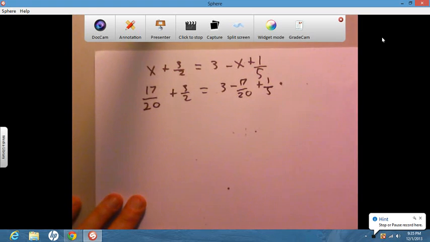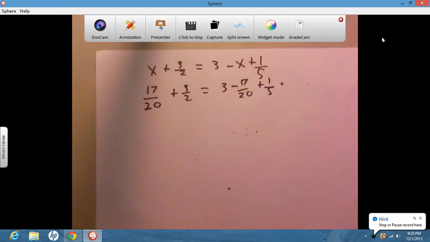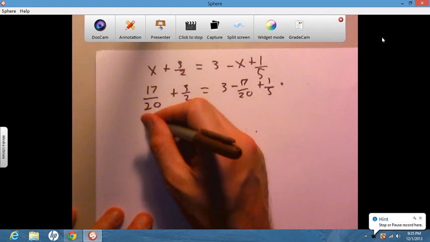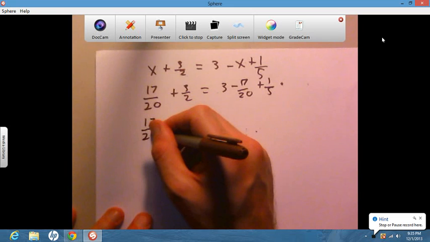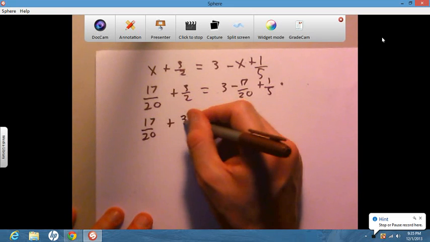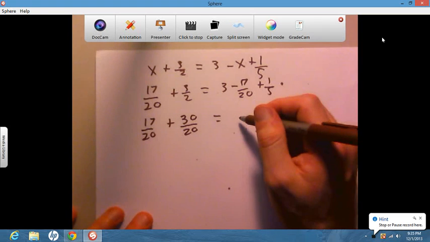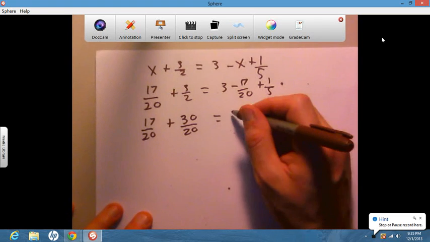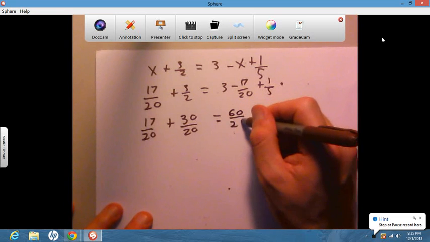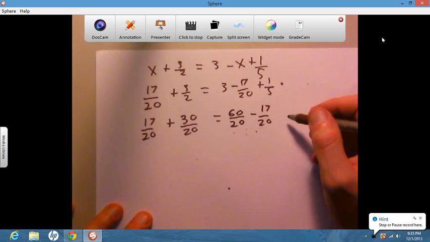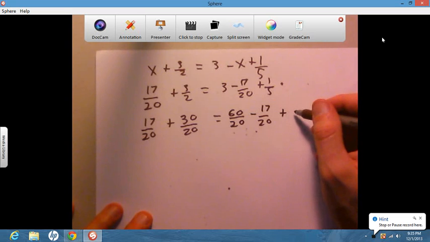Well, I'm going to simplify, and 3 over 2 is the same as 30 over 20. So this is going to be 17 over 20 plus 30 over 20 is equal to, well, 3 is the same as 60 divided by 20, minus 17 over 20. And 1/5 is the same as 4 over 20.